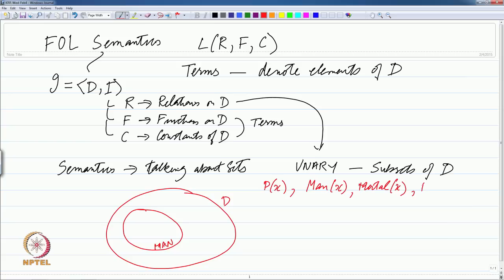So, if I say red x, which means that x is red, it does not have the kind of meaning that we use as humans essentially. That is an issue which we will address a little bit later when we get deeper into knowledge representation. But as far as the current moment is concerned, whether they are categories or whether they are properties, we will denote them with unary relations or predicates of arity 1, and we will just simply think of them as sets essentially.